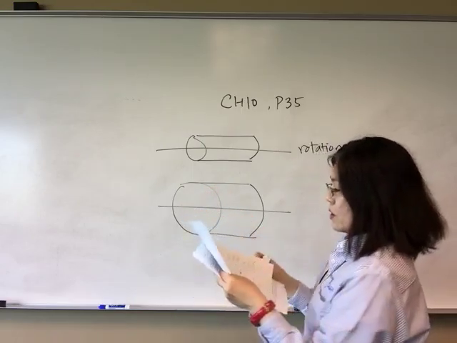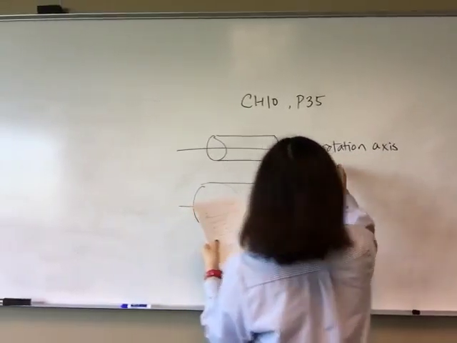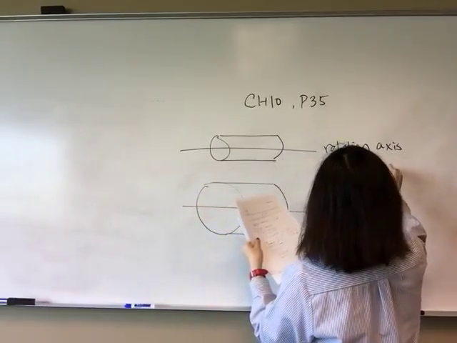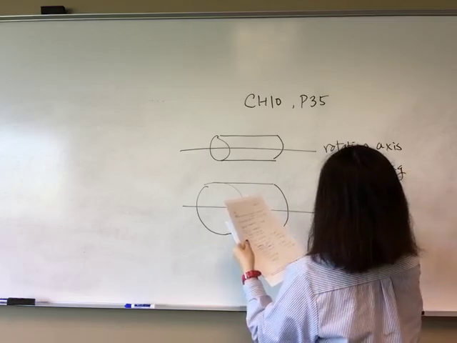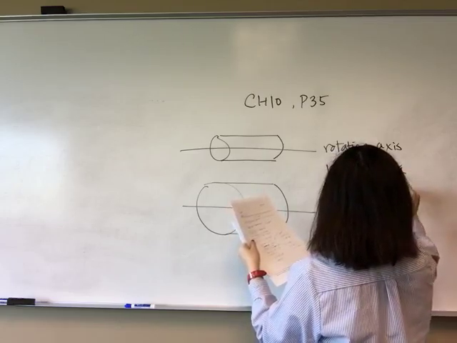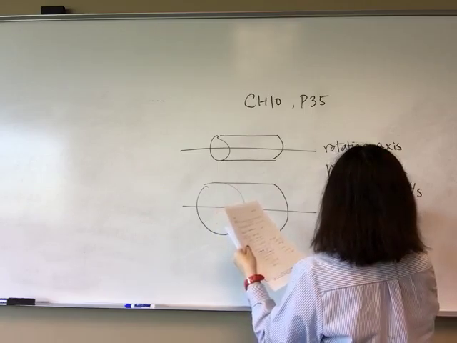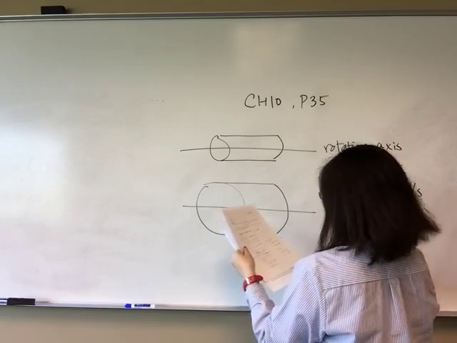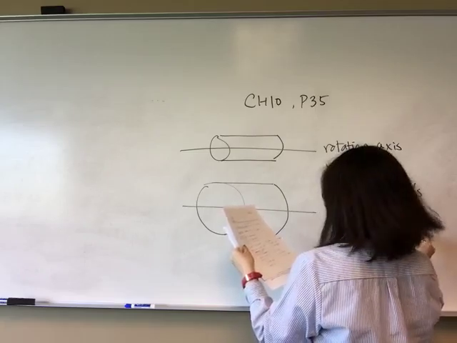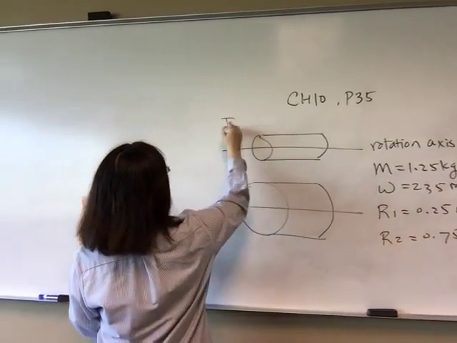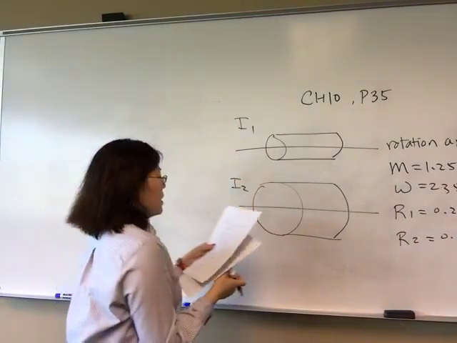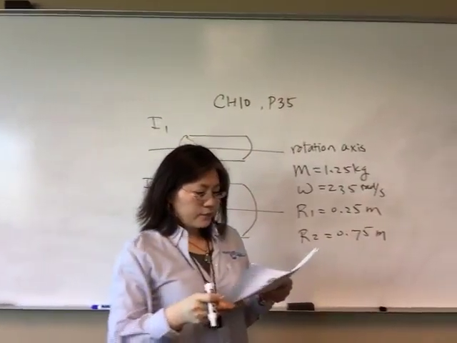All right, and let me see. Mass is 1.25, frequency, velocity, R1, R2. Okay, and this is your I1, and this is your I2. All right, problem 35, let's see.